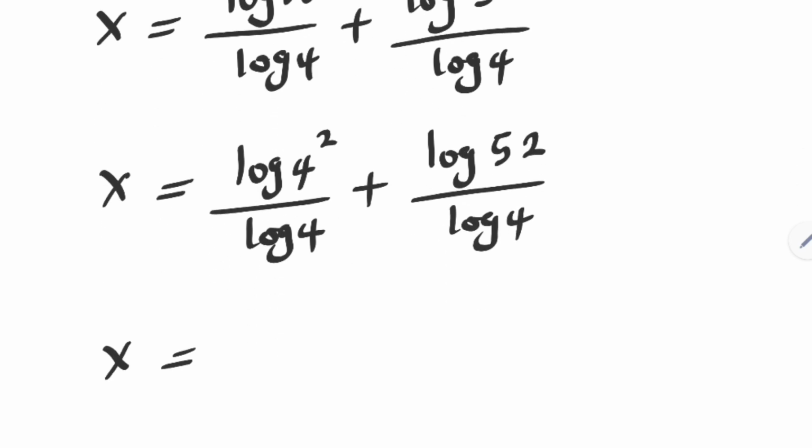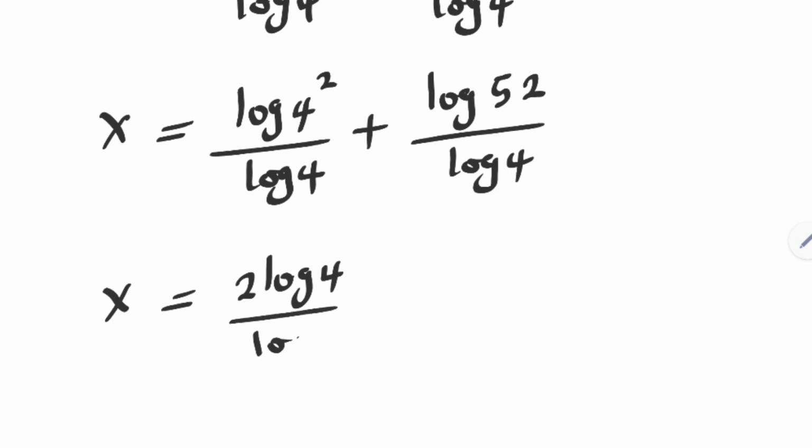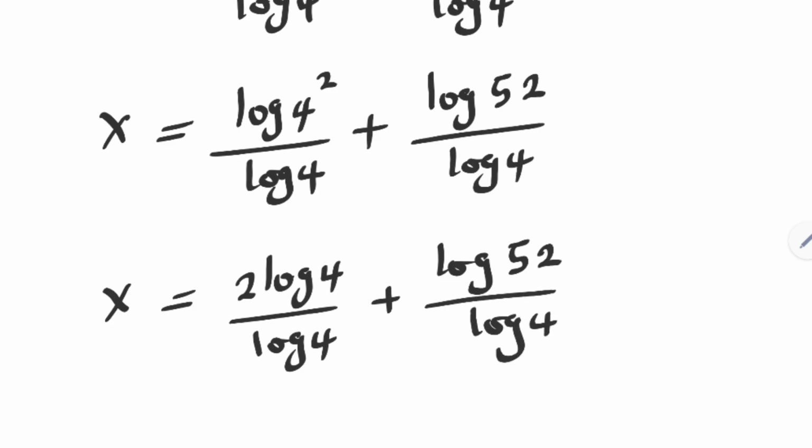x is equal to log 4 square can be written as 2 log 4 divided by log 4 plus log 52 divided by log 4.